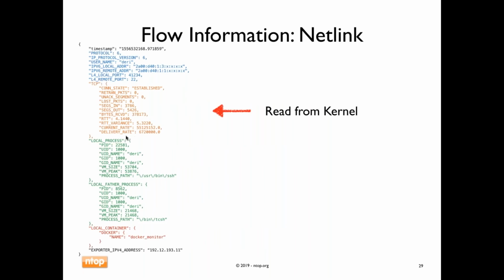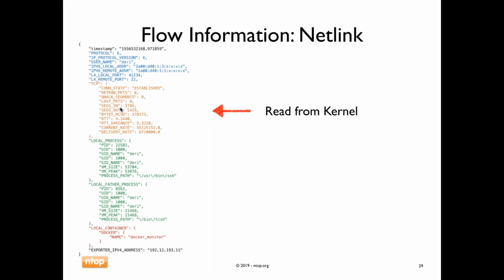Talking about Netlink, we will see that in the middle there is an orange part that we don't see with eBPF, because eBPF is just at the beginning and the end. Like I've said, we don't read traffic stats from eBPF. We just have that for events.